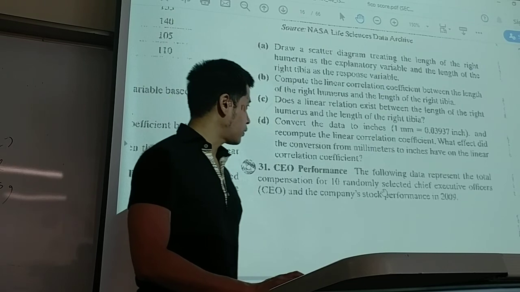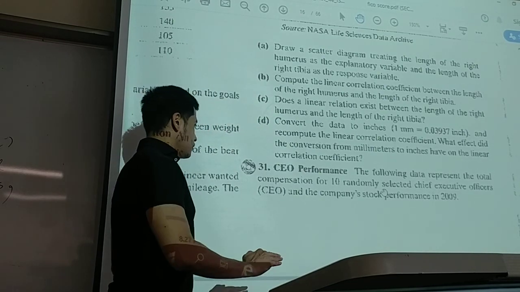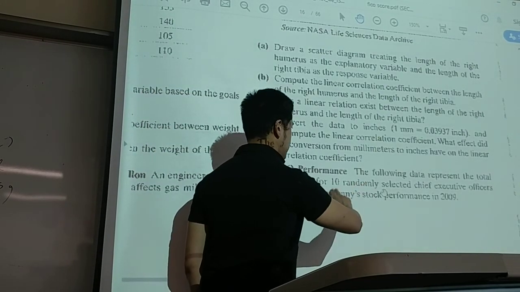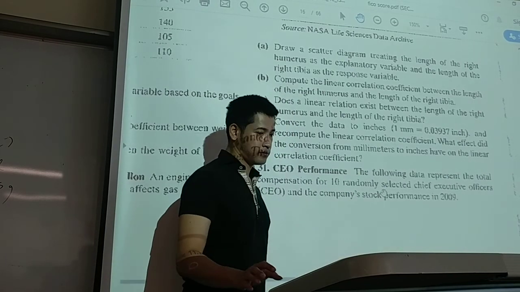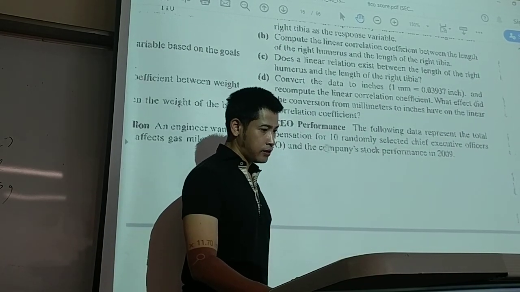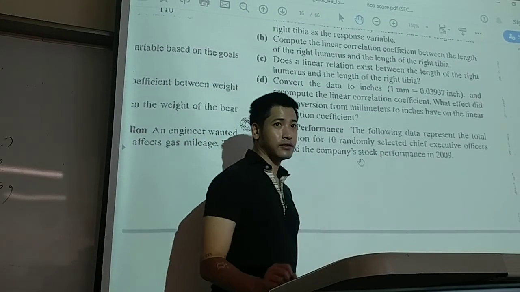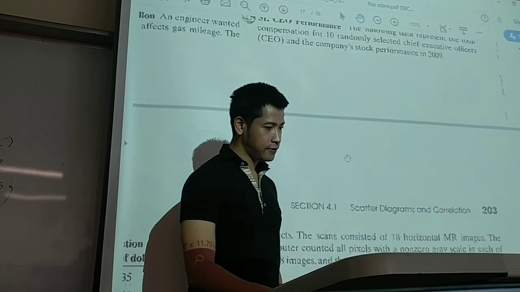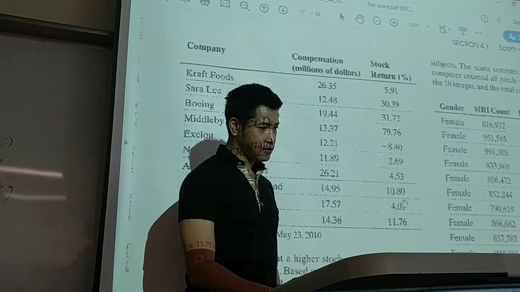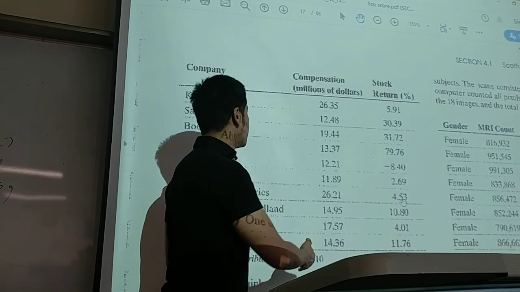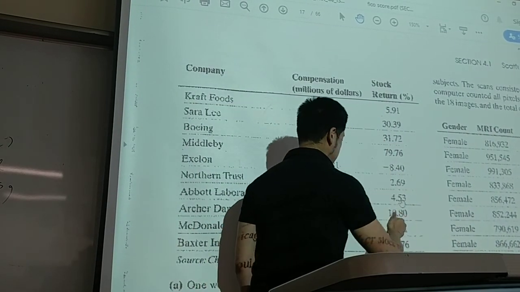First of all, the question says that we select randomly 10 CEOs, and the company's stock performance in the year 2009. Okay? So here you have CEO salary and then stock return.